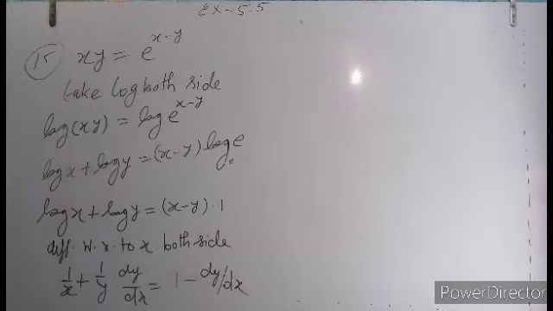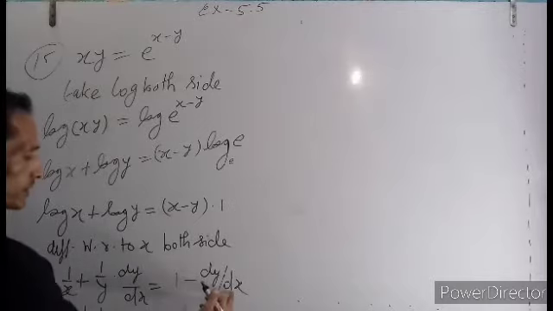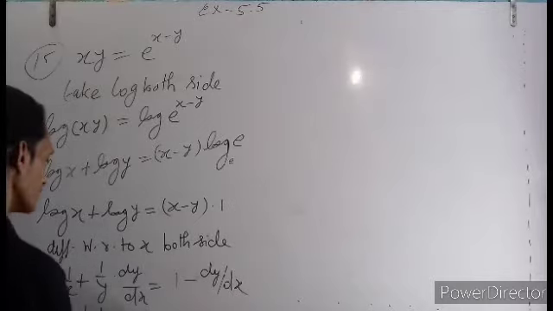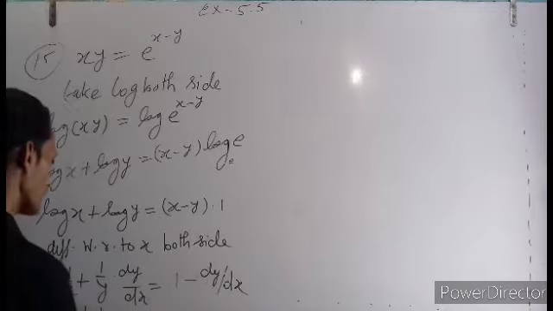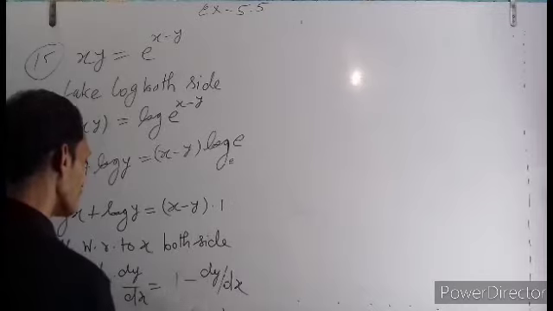So transpose the term related to dy by dx. How will it come? 1 upon y dy by dx plus, transposing this term to the LHS, dy by dx, that is equal to 1 minus 1 upon y.